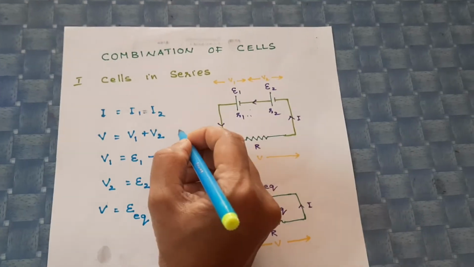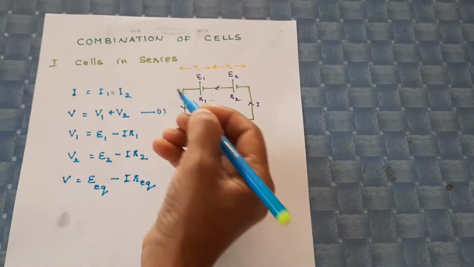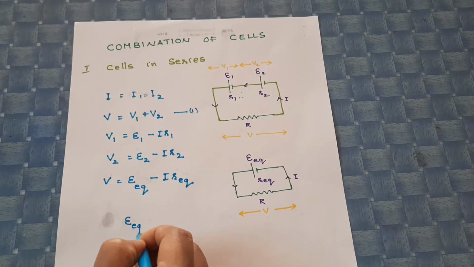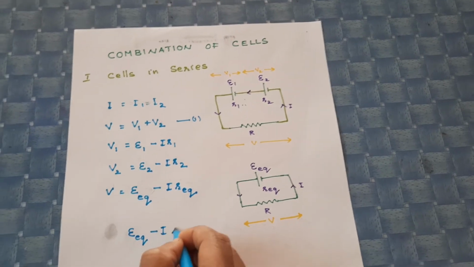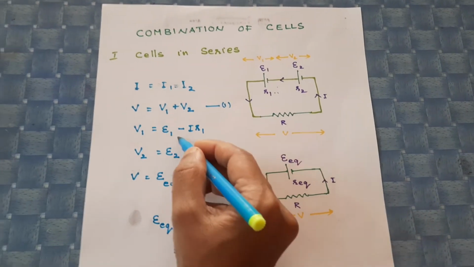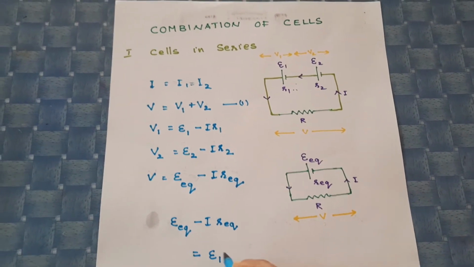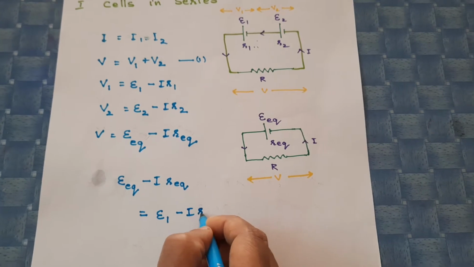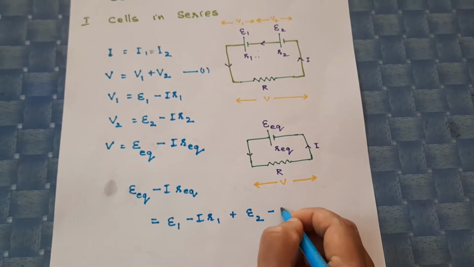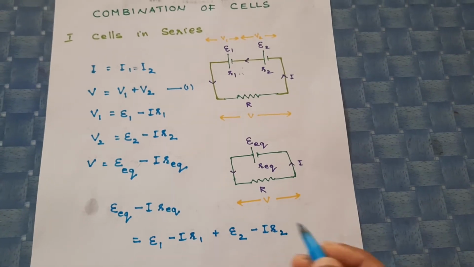So let us substitute in this equation 1. E equivalent minus I into R equivalent is equal to V1 plus V2. V1 is E1 minus I R1 plus V2 is E2 minus I R2.